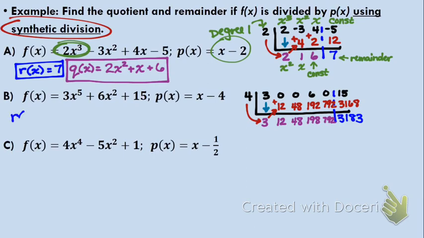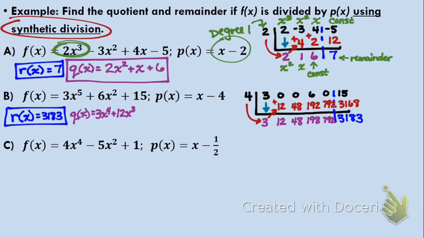What is R of x? 3183. That's the easy part. Q of x: 3x to the fourth. So we drop a degree because we divided by degree 1.